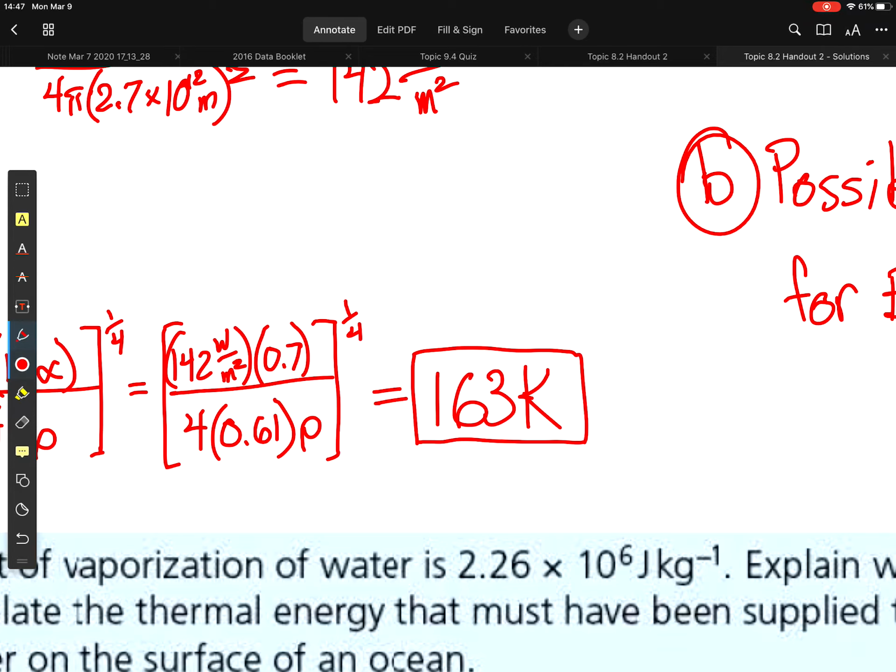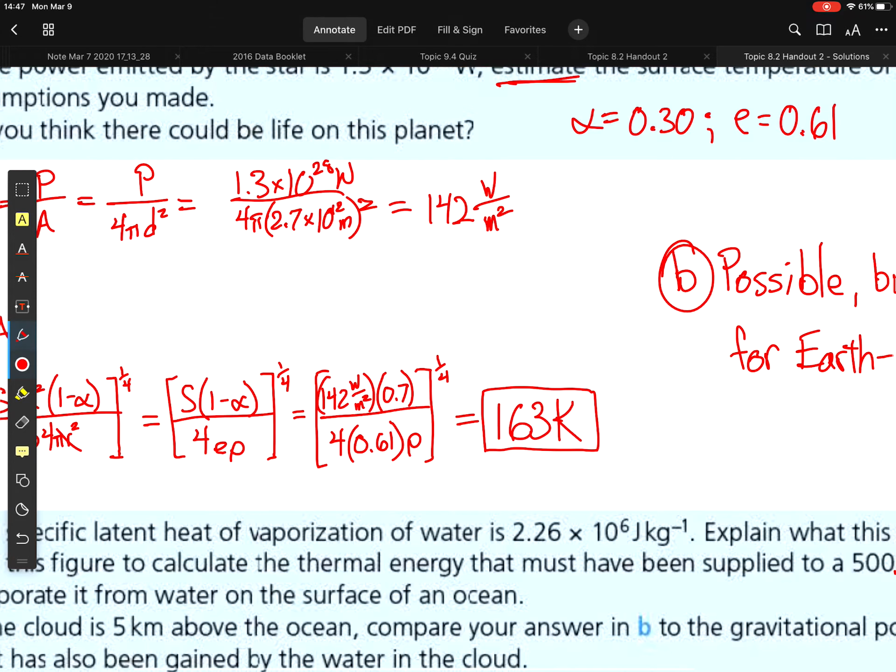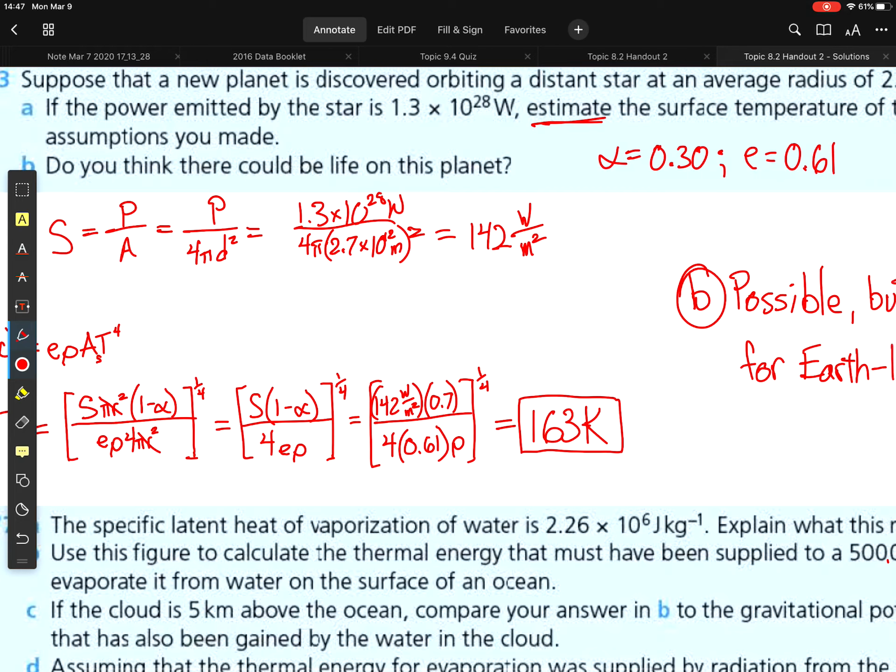And they ask a question that is actually way outside the scope of IB physics. Do you think there could be life on this planet? Well, that's actually a very tricky question because it depends on what assumptions we make about life, okay?